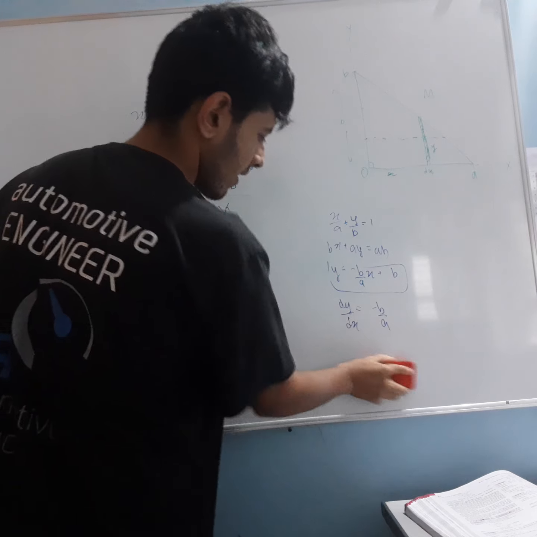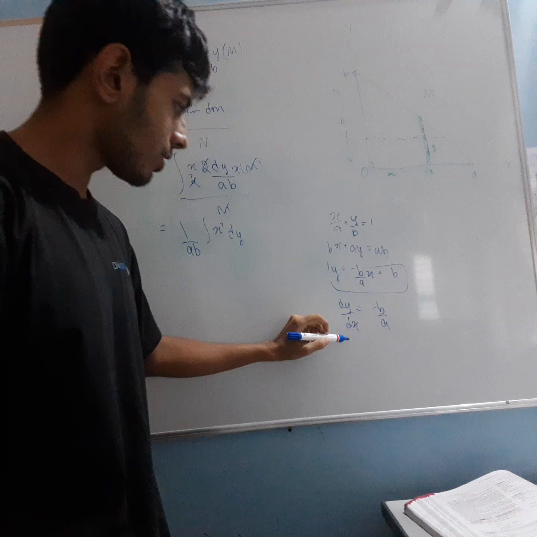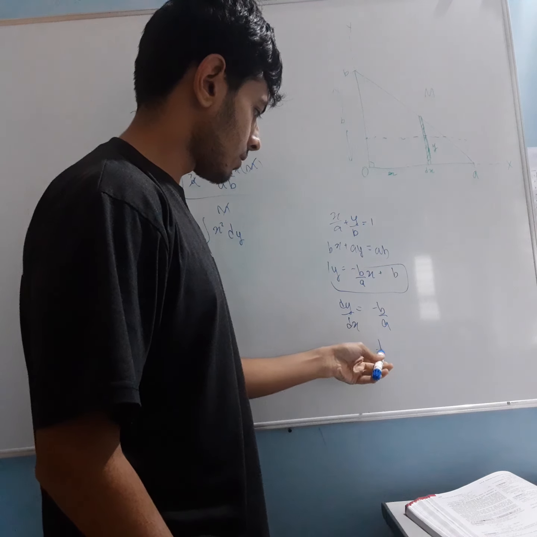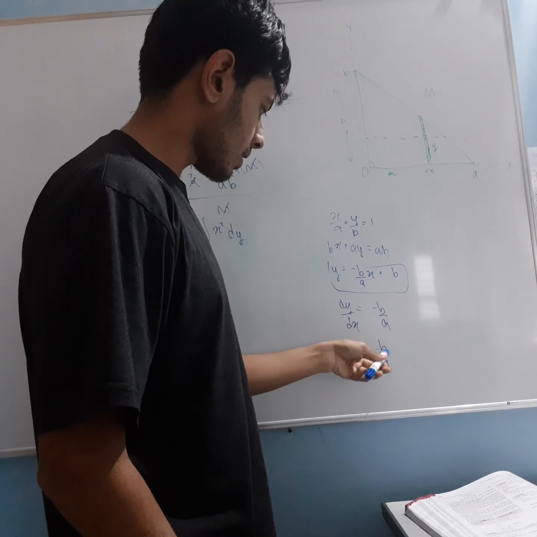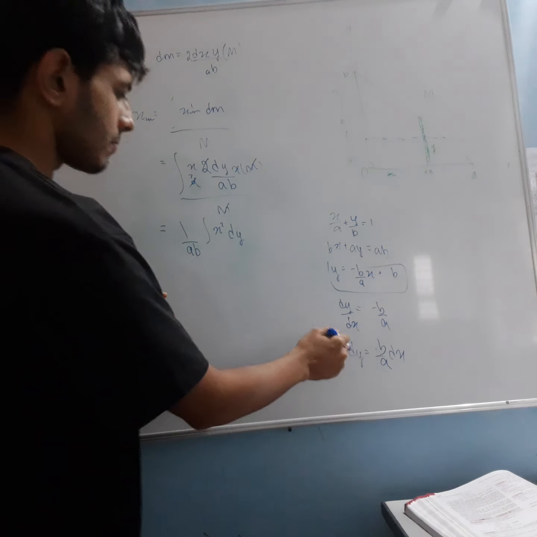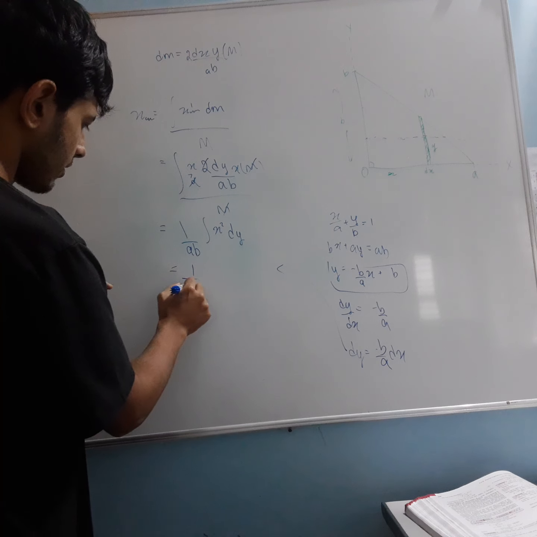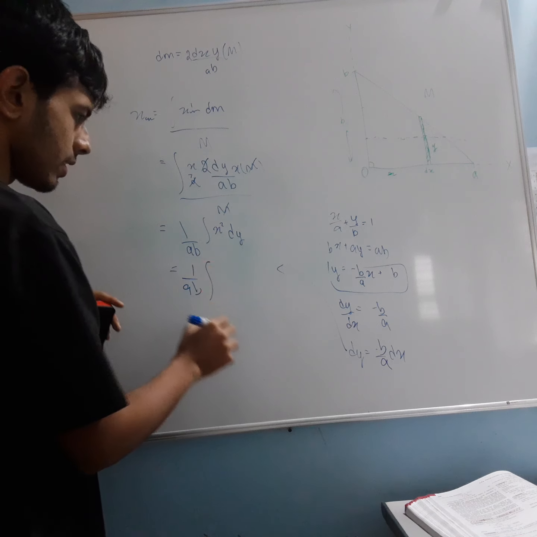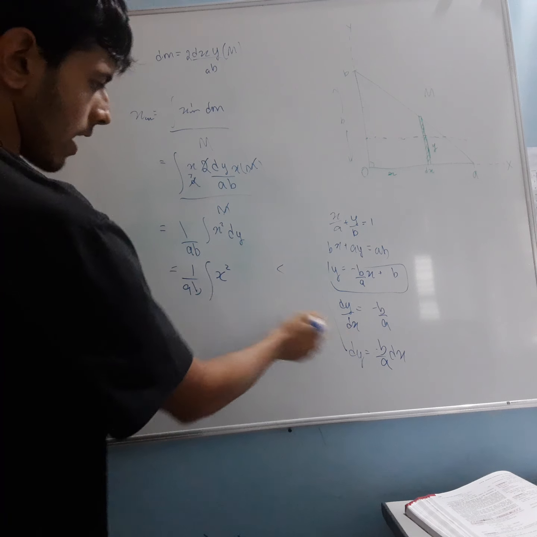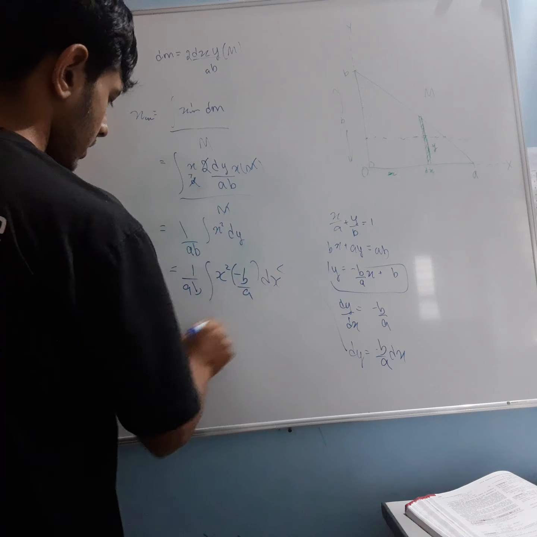And again, now we can rearrange this to find that dy is equal to minus b over a times dx. So now we can substitute this into that, and you get 1 over ab integration of x squared, and dy is basically minus b over a dx.